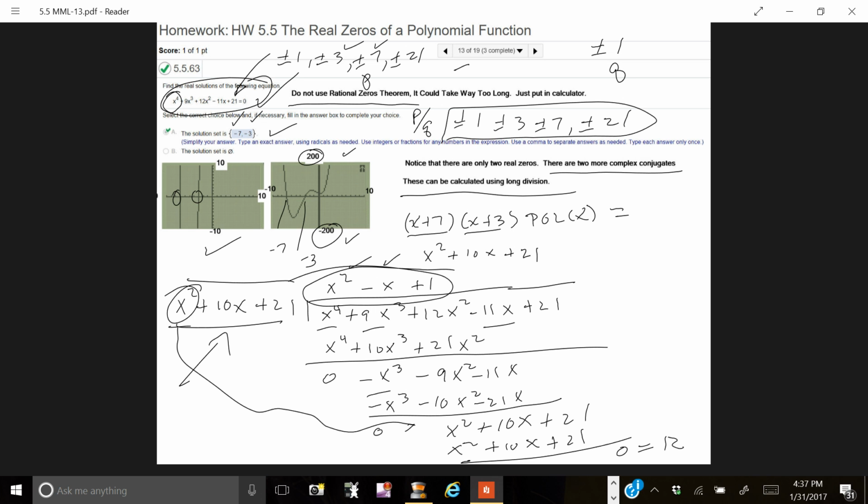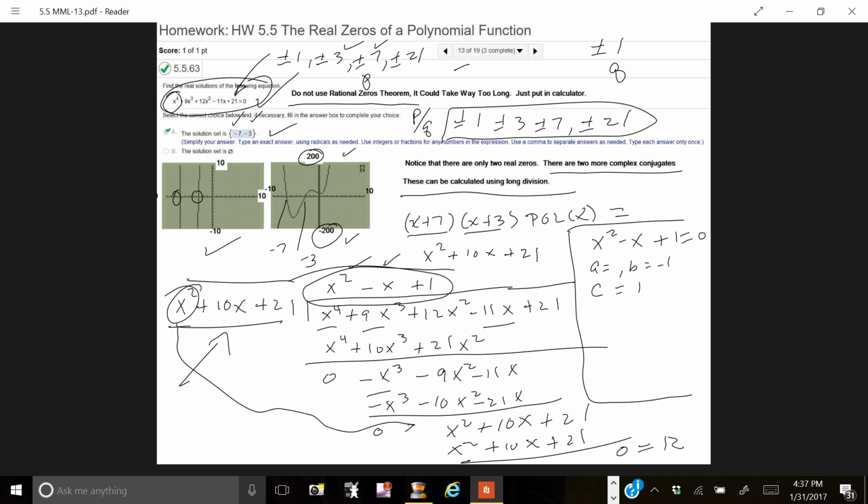So you can see that it has no real zeros, because if you use the quadratic formula, set that equal to 0, a is 1, b is minus 1, and c is equal to 1.